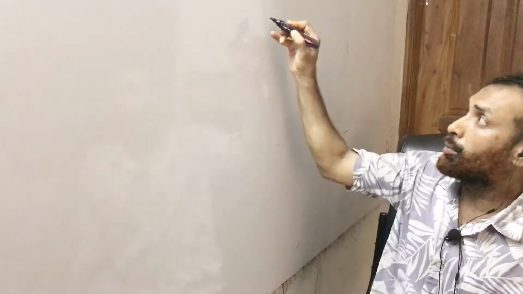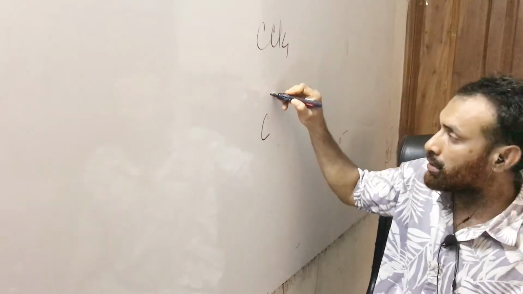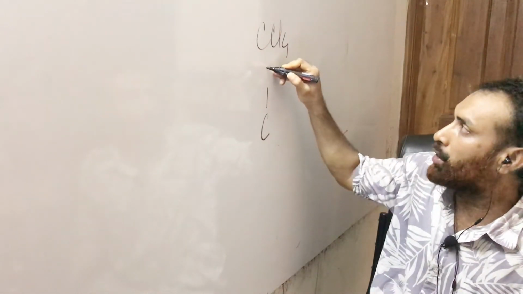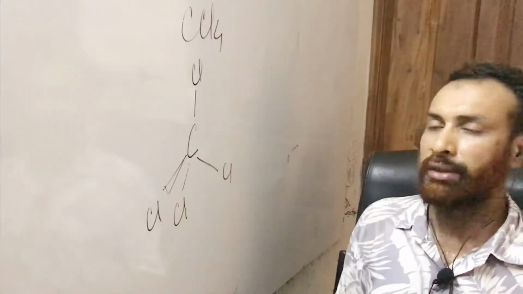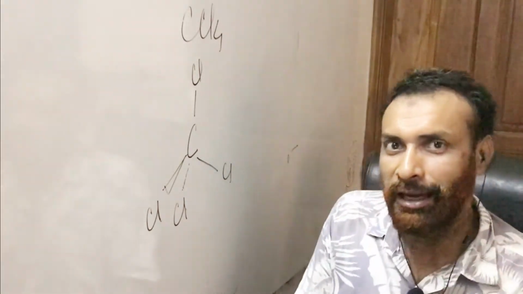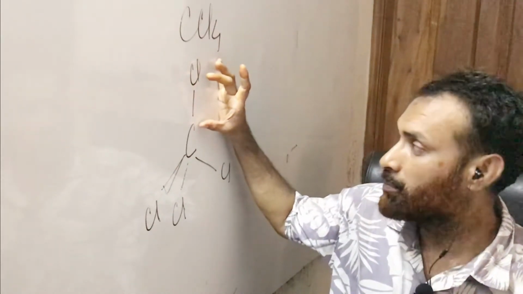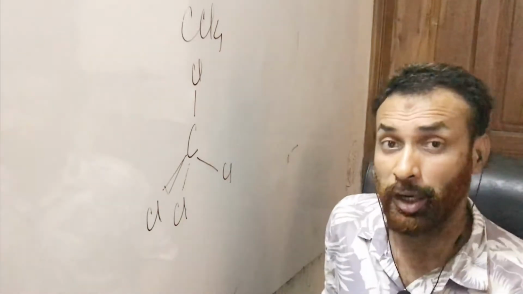Suppose carbon tetrachloride. Here I draw the shape. Shape is very important to understand the symmetric shape. So look at this. This is a symmetric molecule. When you think of an individual bond, it would be polar because chlorine is more electronegative than carbon.